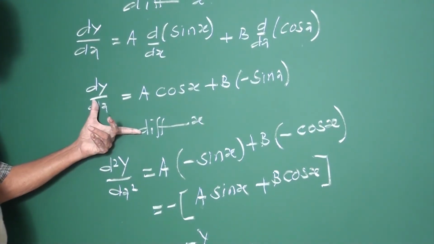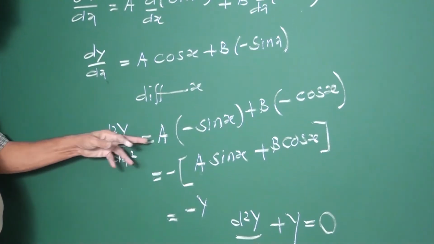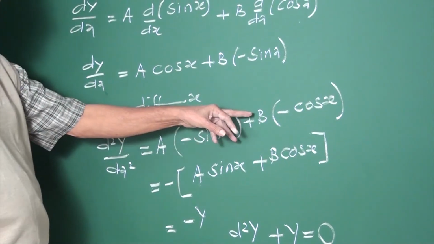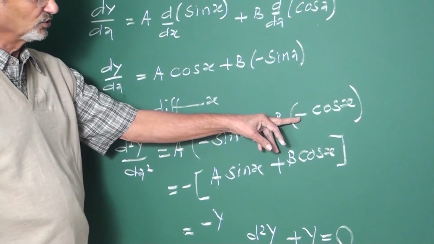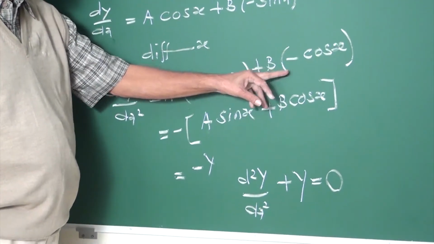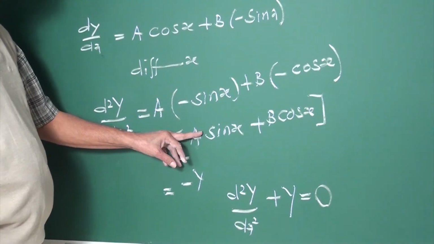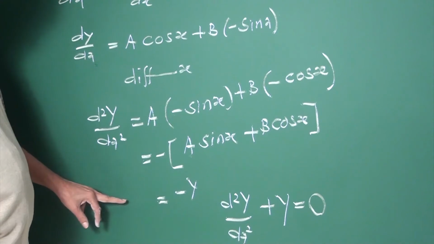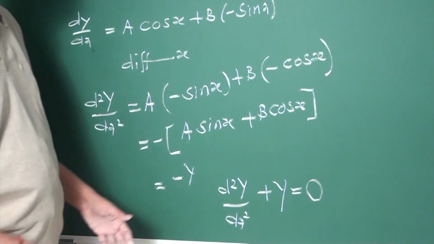The derivative of the first derivative gives the second derivative: a into the derivative of cos, minus sin x, plus b into the derivative of minus sin x, minus cos x. Take minus out, and what is left inside is nothing but y. This becomes minus y. Taking it to the LHS, the RHS becomes 0.